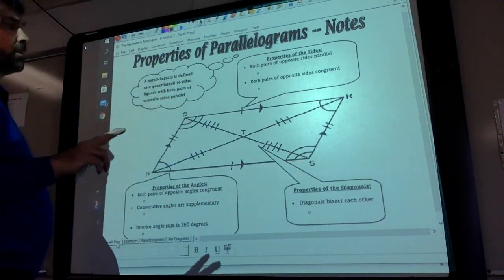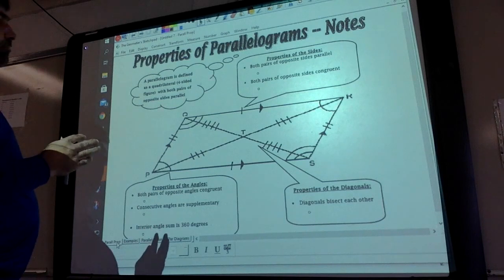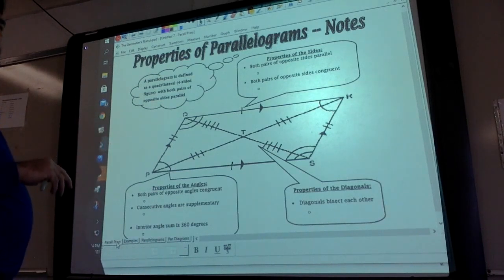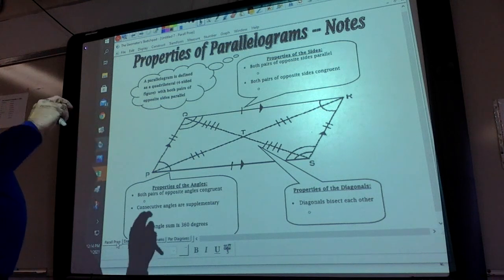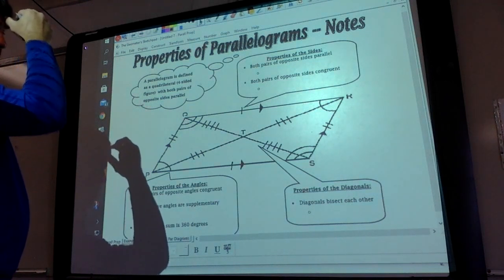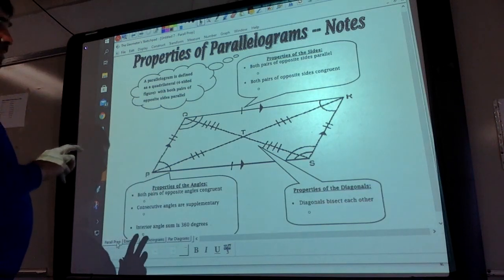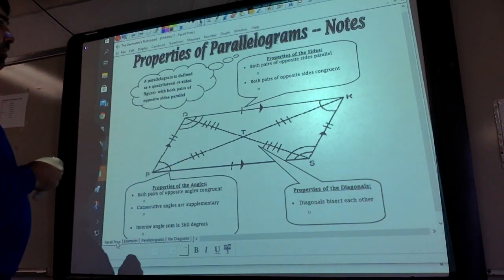So those are the 2 properties that deal with sides. If you want proofs of this that talk about how triangle congruence makes these true, then you can watch a separate video. But for the purpose of this video, we're just going to go over the properties.